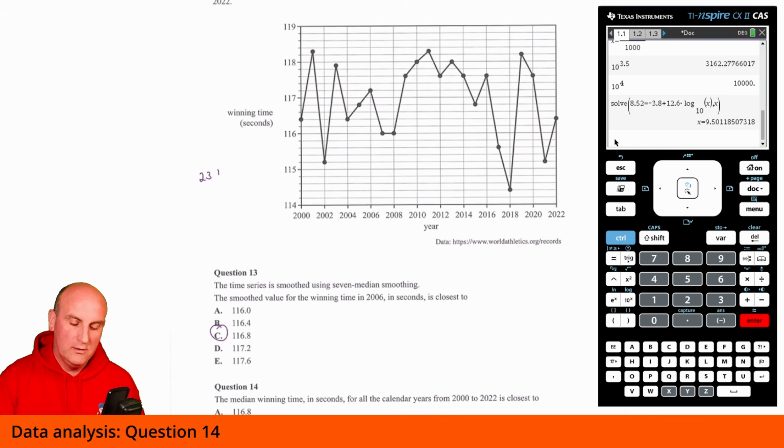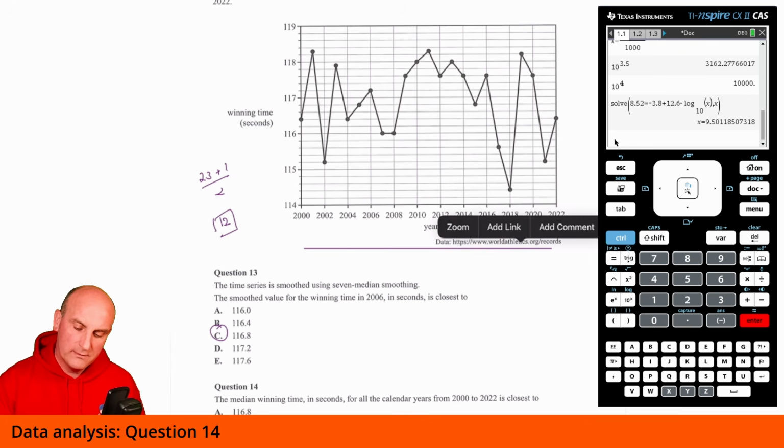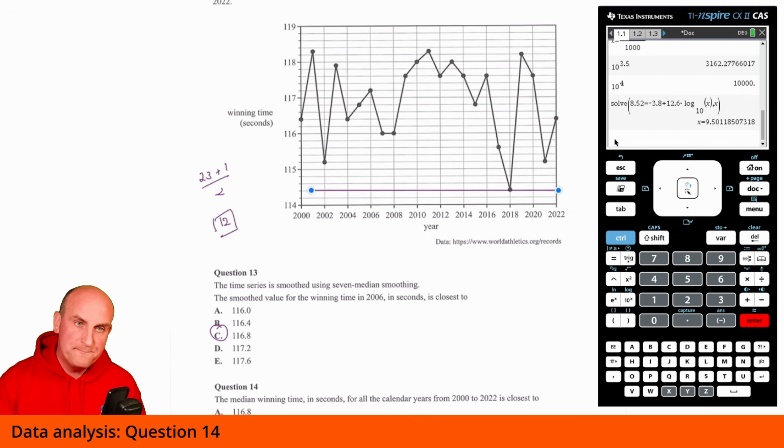If I want the median dot, I'm going to add 1 and divide by 2. So that tells me the median dot is going to be the 12th one from the bottom. So again, very much like I did just then. Let's draw a straight line, he says. And let's move it up. Can I move it up? Yep. So I want the 12th dot. So 1, 2, 3, 4, 5, 6, 7, 8, 9.